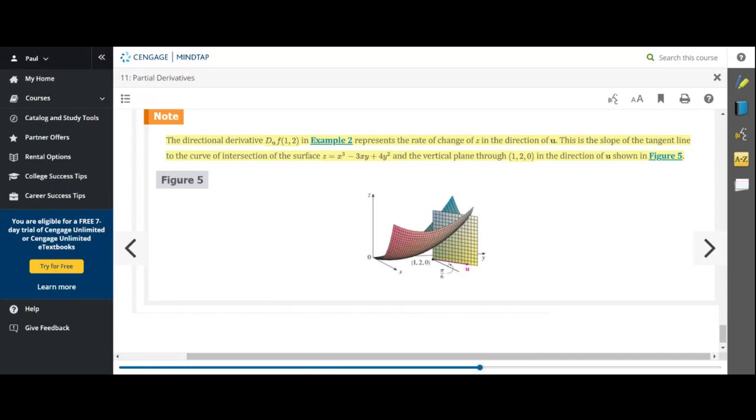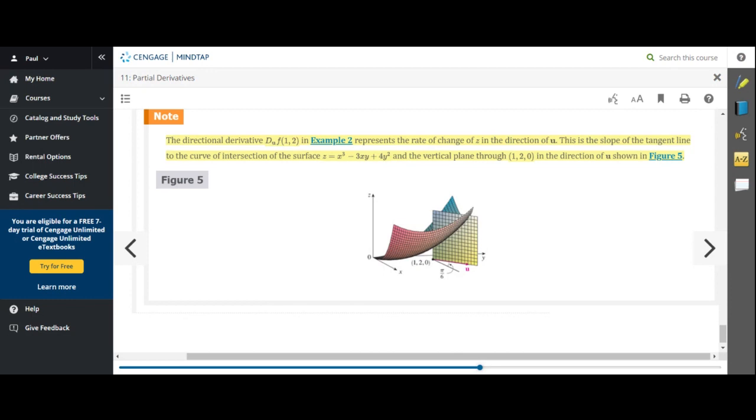Okay, all right. So you see how they draw a little line segment from the point (1, 2, 0), and it's parallel to the x-axis. So the angle theta is measured from that line parallel to the x-axis.